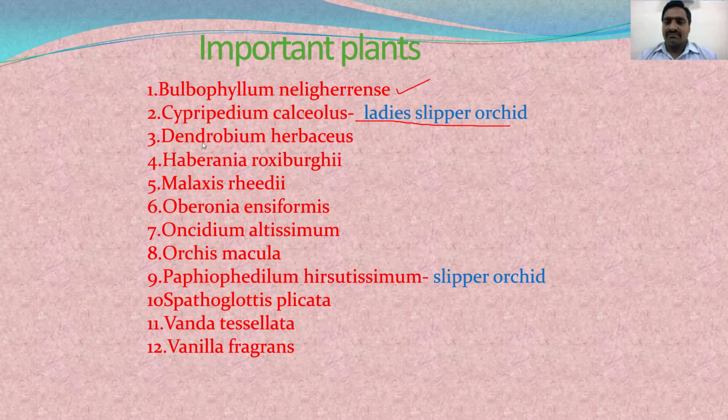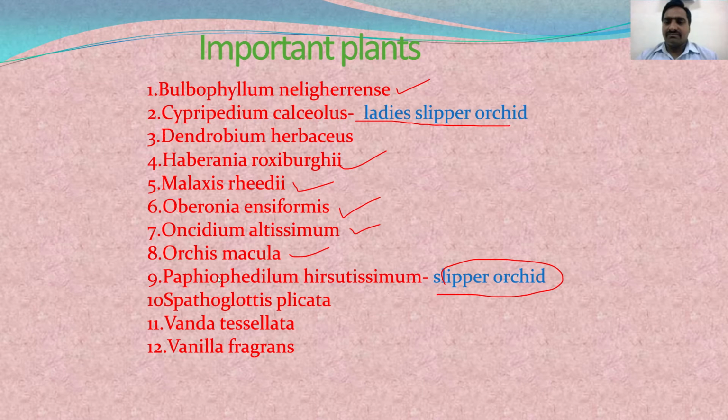Another one is Dendrobium herbaceum, Habenaria roxburghii, Malaxis rheedii, Oberonia ensiformis, Oncidium altissimum, Orchis mascula, and Paphiopedilum hirsutissimum. It is the slipper orchid.